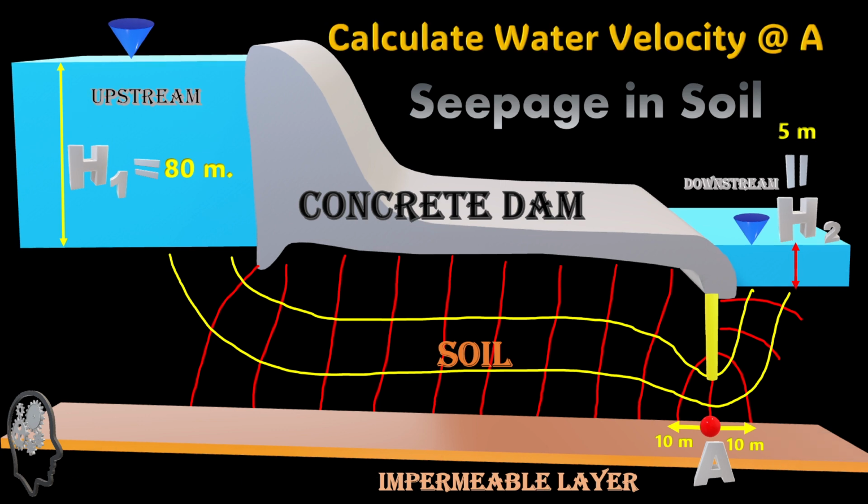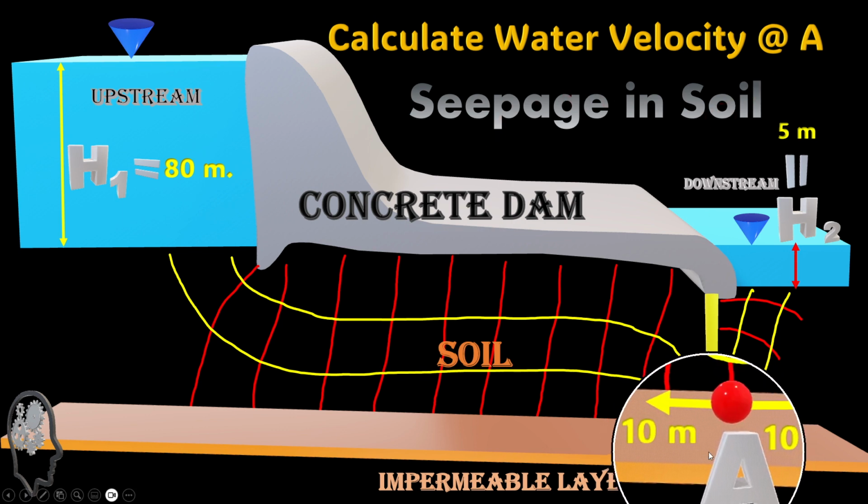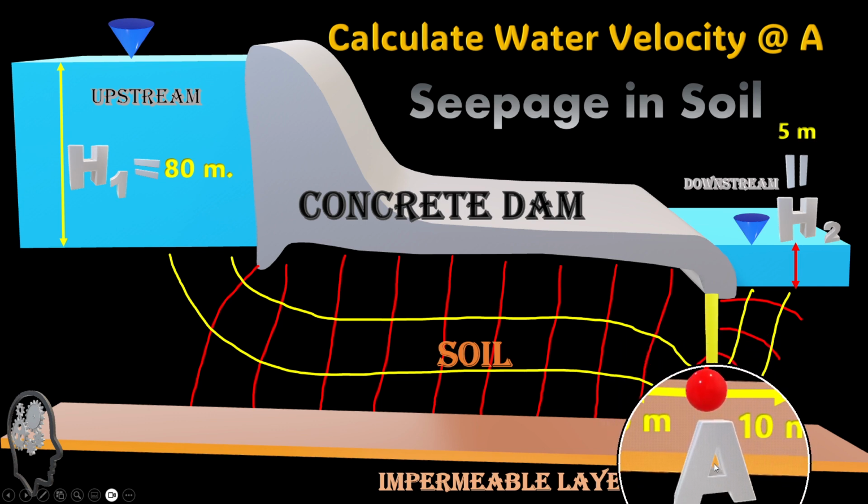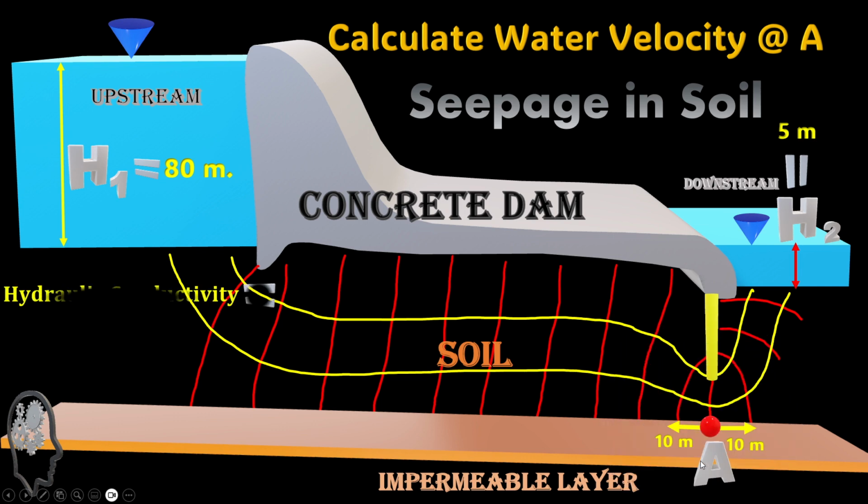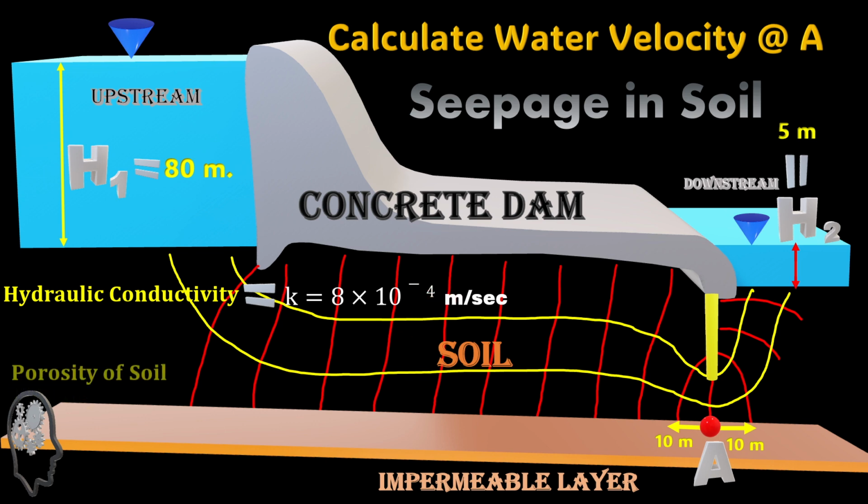So we want to calculate the water velocity at a given point like A, what you can see here. The information provided is the hydraulic conductivity of the soil, K equal to 8 times 10 to the negative 4 meter per second, and also the porosity of the soil layer, n equal to 50% or 0.5.